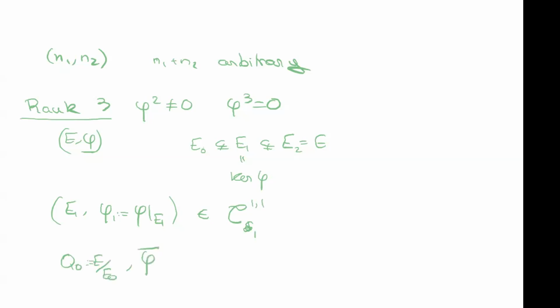A Higgs field is induced on it from phi just because phi of E0 goes to 0 by definition, so one can just take the quotient Higgs field, and this is likewise an element of some component of the nilpotent cone, possibly unstable.